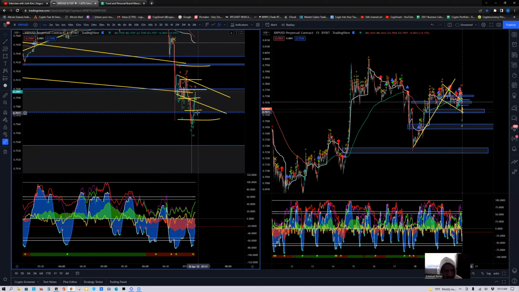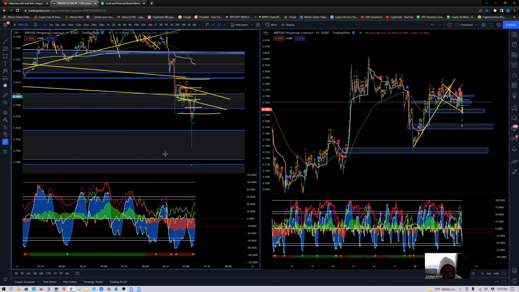Definitely going in on a massive recovery there, guys. Probably to the real sell zone, which is up here. I still have my take profit here.